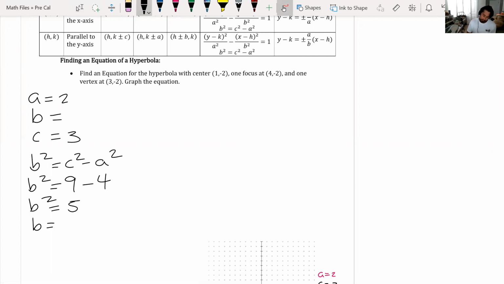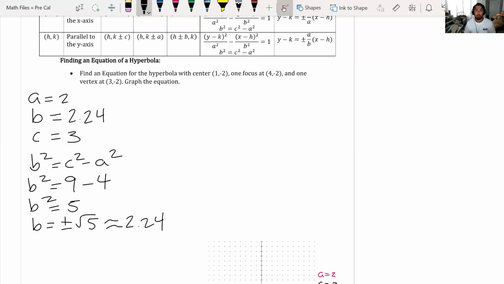Therefore, B would be plus or minus the square root of 5, which is about 2.24. Okay. So now we have A, B, and C.